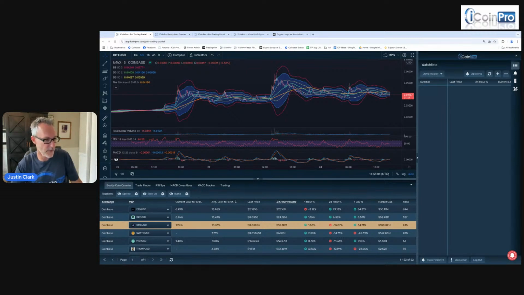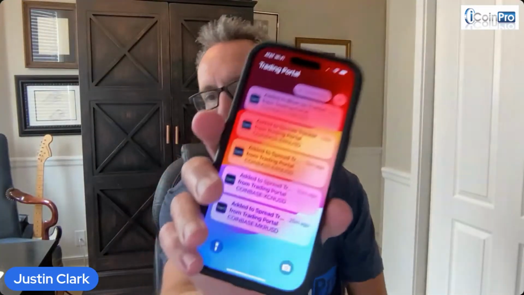And then let the software do its job and find you what's hot in real time, okay? So you'll get notifications popping up on your phone, and it'll show you like this. Here you go. I'll show you guys this. It'll show you exactly what's happening in real time, like these notifications here. All right, so we've got the all-seeing eye of crypto. It knows everything that's happening.